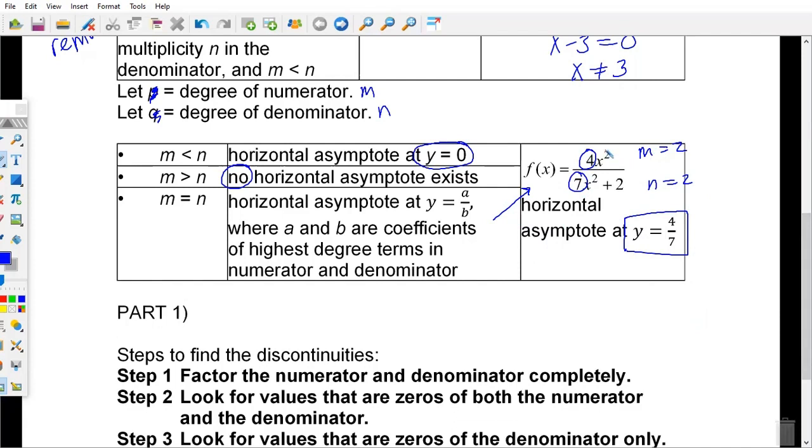M is the degree of the numerator, and N is the degree of the denominator.